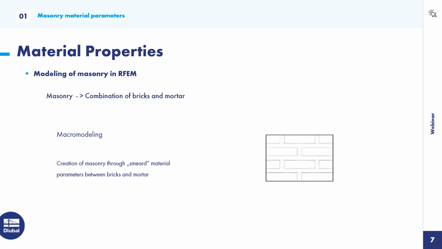One small disadvantage is that if there is a crack in the masonry wall, you could not define exactly the location in maybe the mortar joint because the parameters are smeared above the whole surface. But this macro modeling is what we use in RFEM.